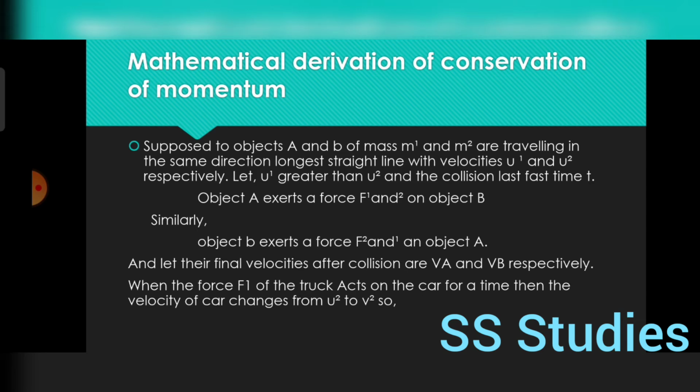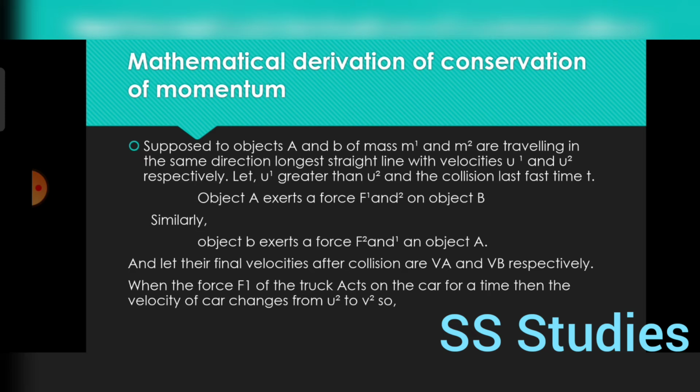Mathematical derivation of conservation of momentum. Suppose two objects A and B of masses m1 and m2 are traveling in the same direction along a straight line with velocities u1 and u2. These are the initial velocities of the two objects respectively.